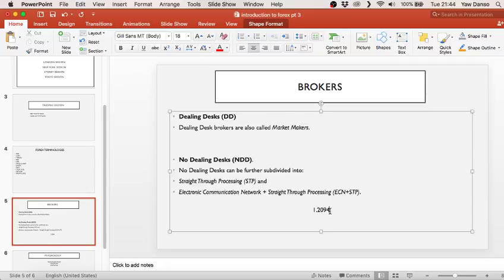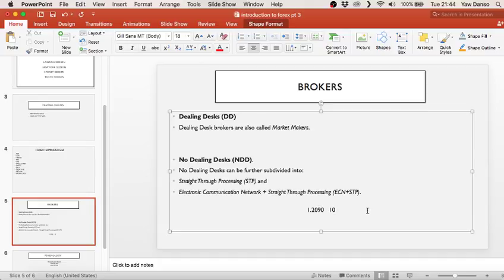That's where they make their money. Regardless of the outcome, if you win, they will make that 4 on top. If you lose, they will make that 4 on top. That's how this type of brokers make their money. They either add what we call markup or spread, or they will charge you a commission. With the commission based brokers, they will not add anything to this. If the price is 1.2090, they will give it to you at the same price, but they'll charge you a commission, and that commission will depend on your lot.